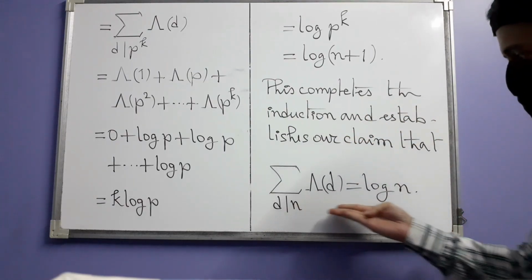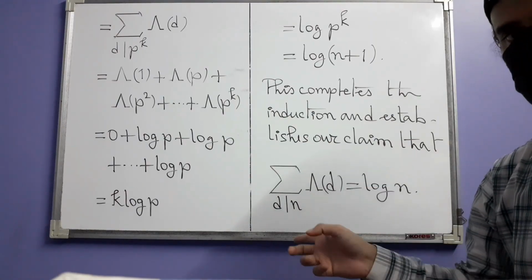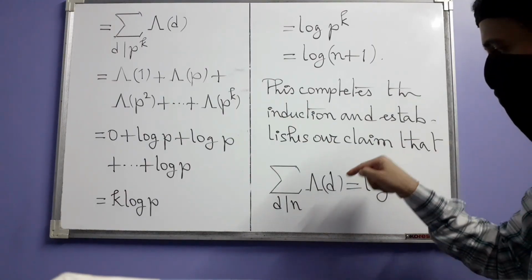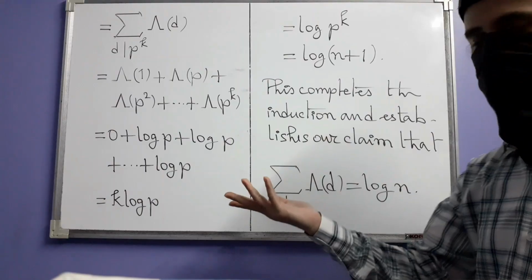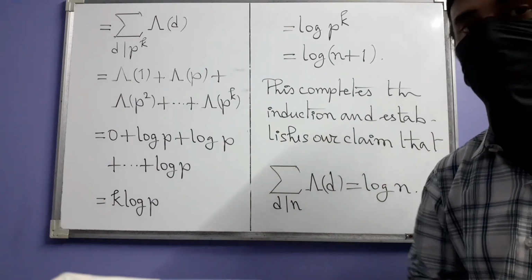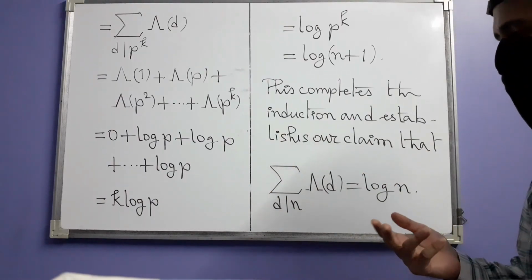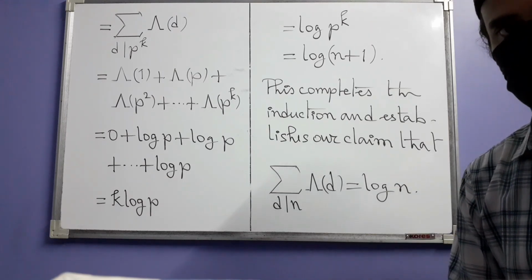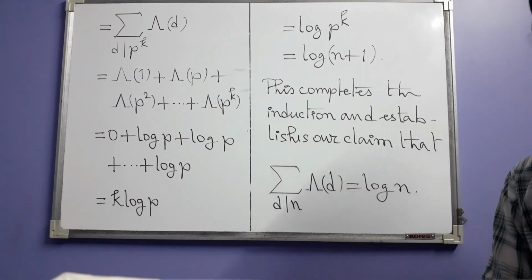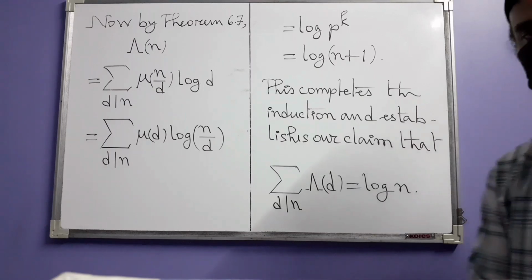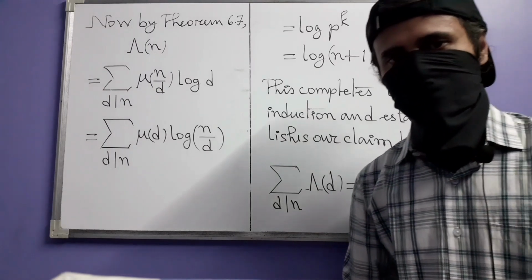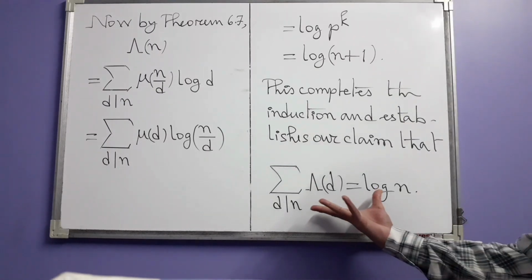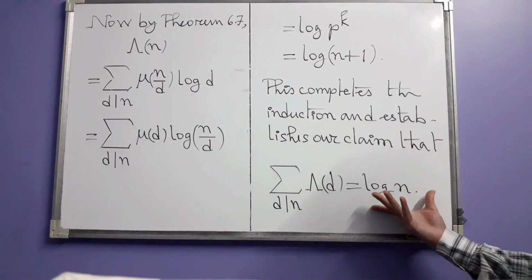I have written what we have proved just now once more, because from here we are going to next have what we ultimately want to have. But using what? Using Mobius inversion formula, and that is why we have been doing all these things. So we next apply the Mobius inversion formula to this equation.